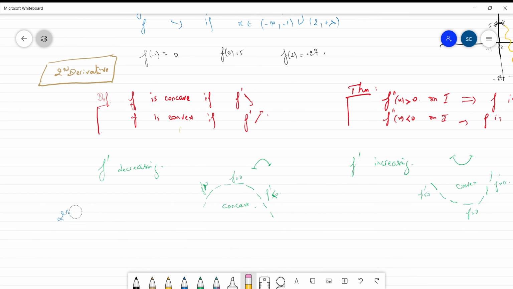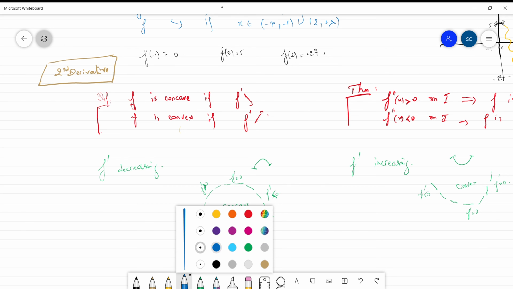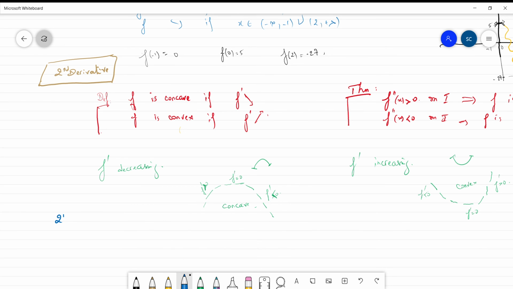It is also a characterization of the critical points.